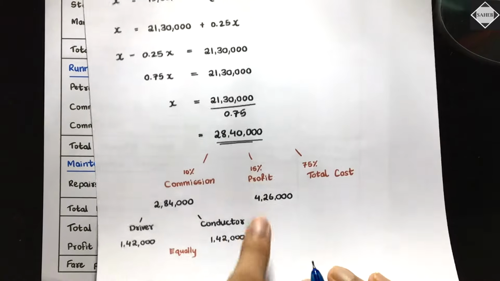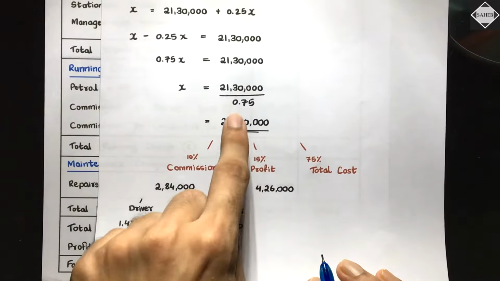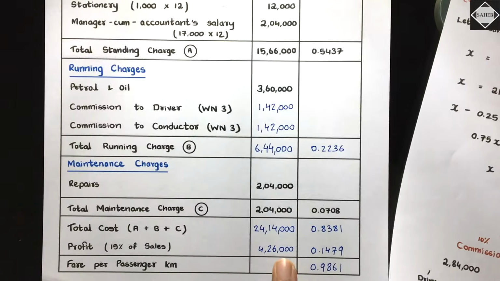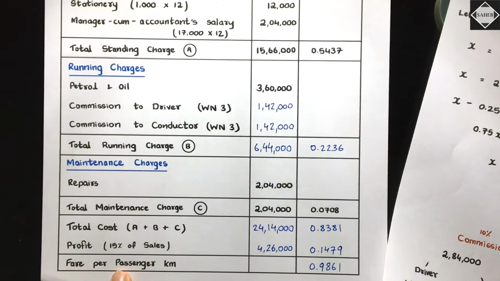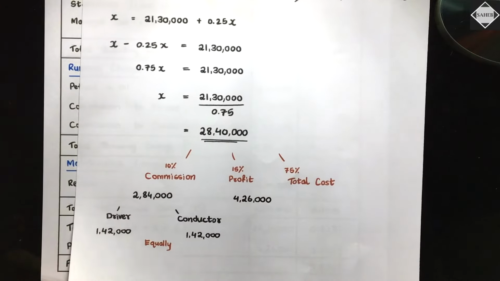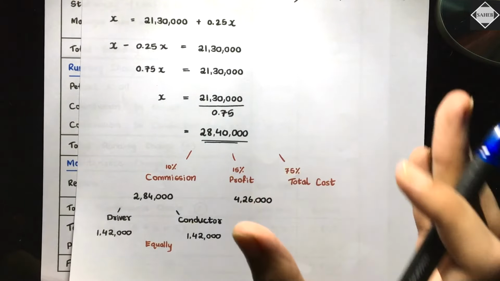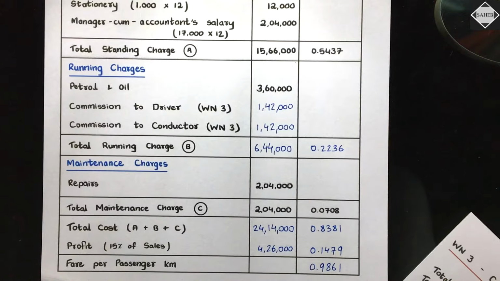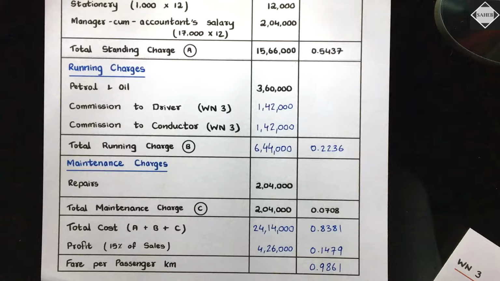Then we calculated the profit on sales only, that's 4 lakh 26,000. Then to calculate fare per passenger kilometer, we take 28 lakh 40,000 and divide it by the total passenger kilometer, 28 lakh 80,000. We got 0.9861. This is how you have to do it. Simple and straightforward.